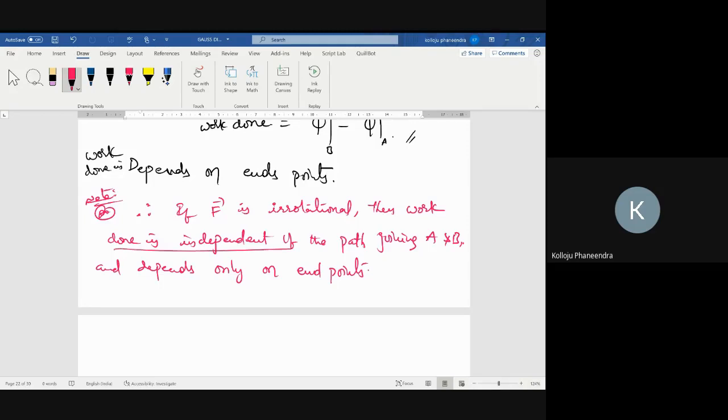This is important. If the question says independent of the path joining A and B, you first have to find whether f bar is irrotational or not. If f bar is irrotational, the work done, meaning the line integral, is independent of the path.